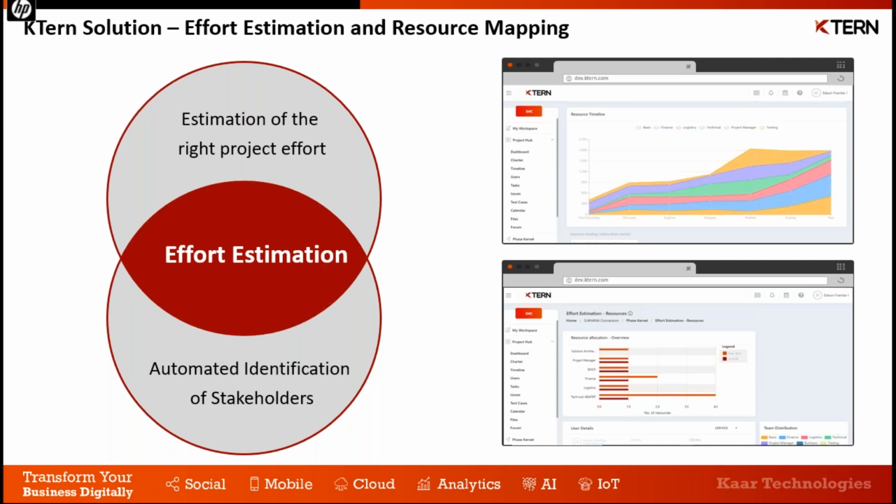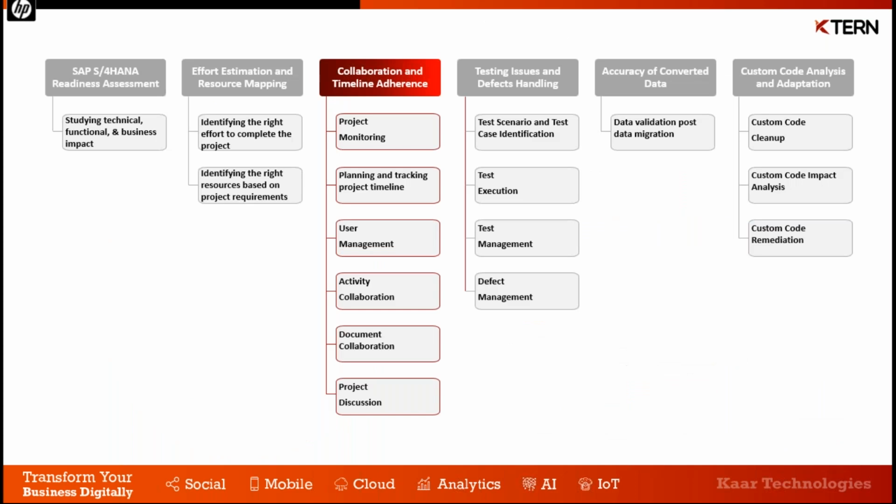And with this information gathered, KTern provides you a landscape and deployment recommendation and how you go about the dual development, how your cutover is going to be done, what are the interfaces that you have connected to your system, how it's going to perform post S4 conversion, what is the testing, and also the training details.